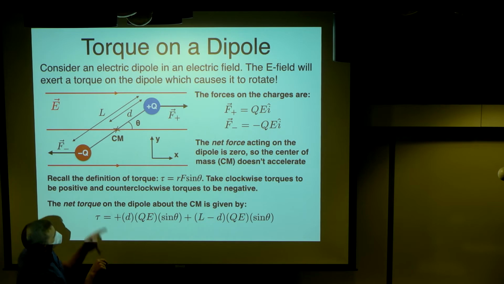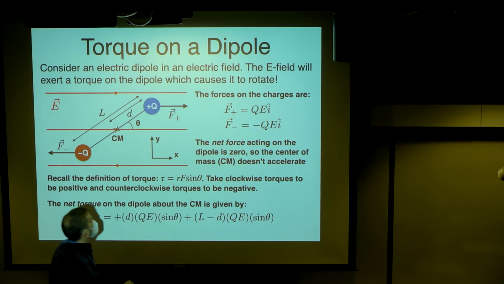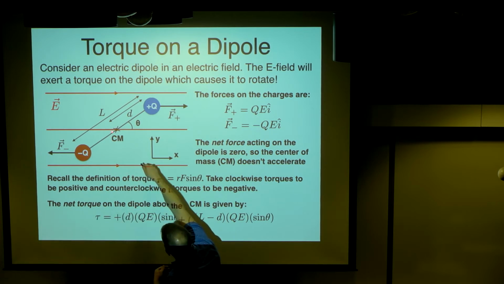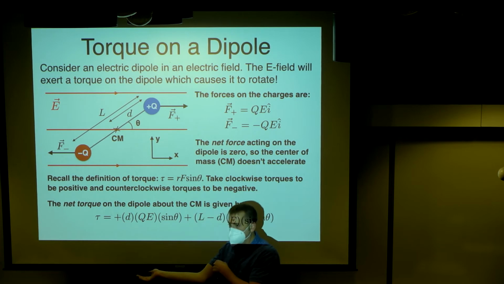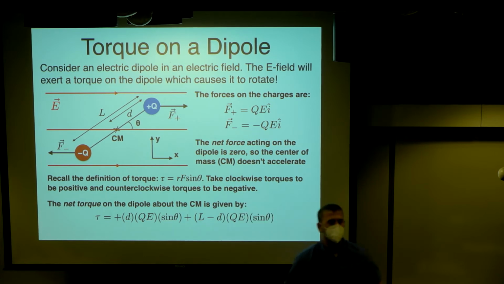Then you take your fingers and point out to where the charge is, and then you curl in the direction of the force. So that would be a clockwise torque, right? And then for the other one, you do the same thing. Start here, point your fingers out to where the charge is, then curl in the direction of the force, and it's still in the same direction. So these two torques are in the same direction.